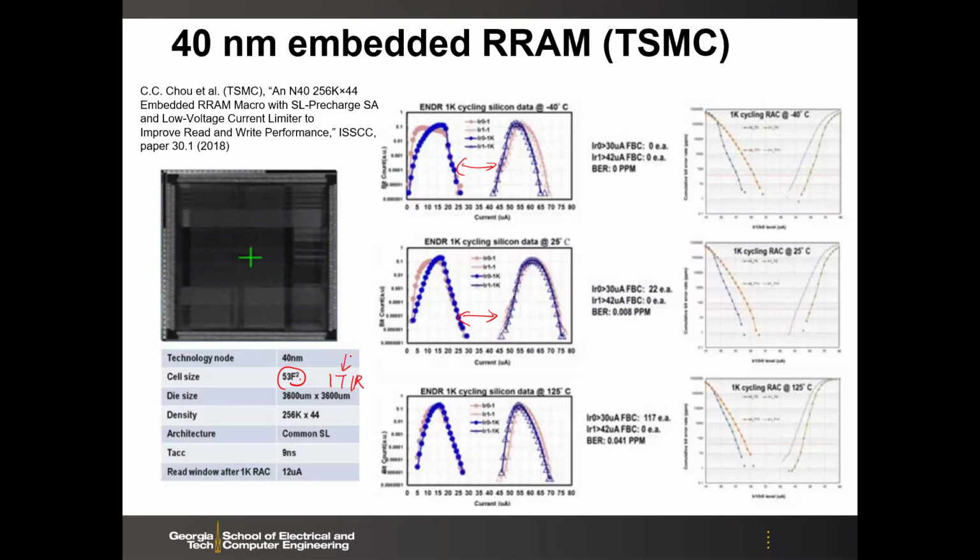So the transistor size is not the minimal size. The W/L is not 1. Okay. So then the total cell size is like 50 F squared. So this is like 3 times better density than the SRAM at the same technology node, 40 nanometer SRAM.